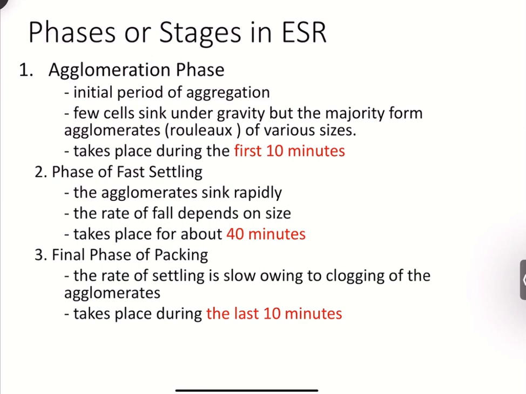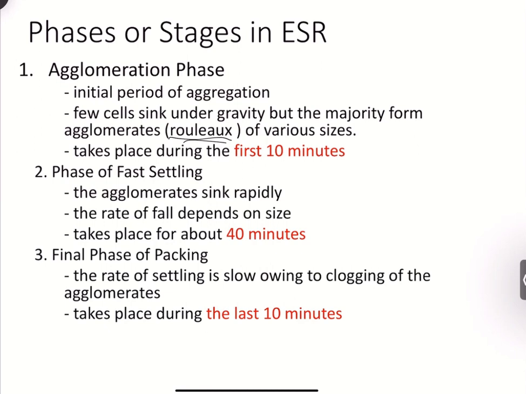When you say rouleau, this is the stacking or sticking of cells to other cells, especially with variation of size. This takes place during the first 10 minutes of your ESR.